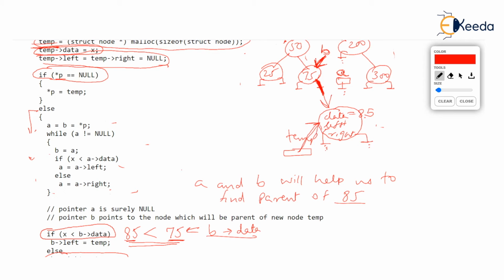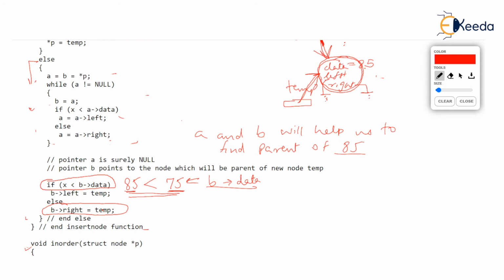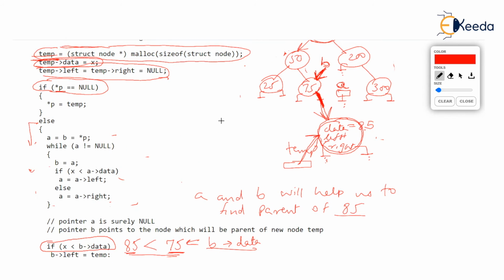So B arrow right now stores the address of 85. I hope you got it. After the else ends, the insert ends. That's the way how we have located the place for 85. We first found that 75 should become the parent, and then we inserted 85.